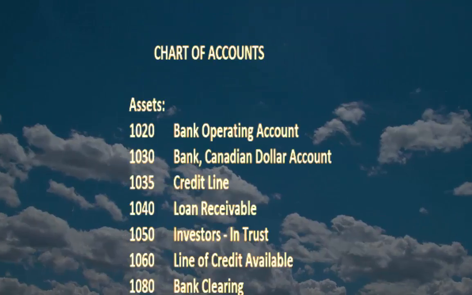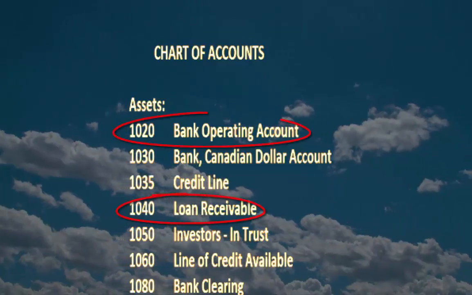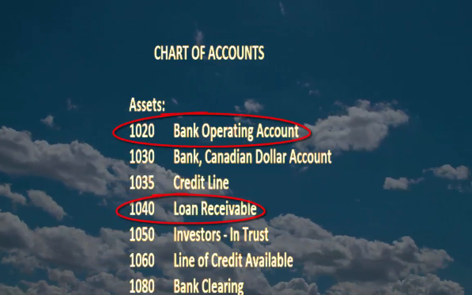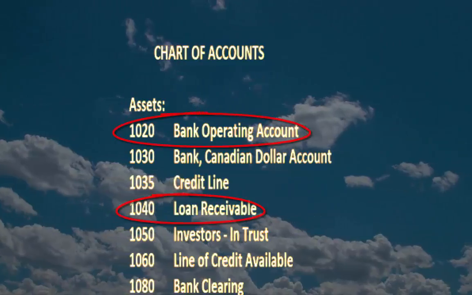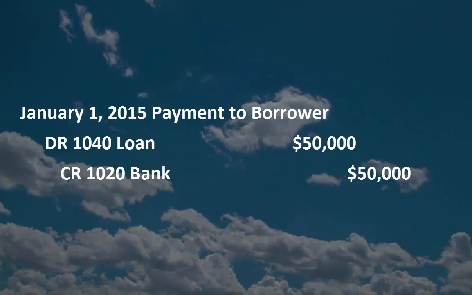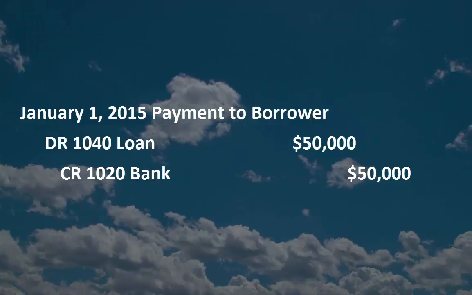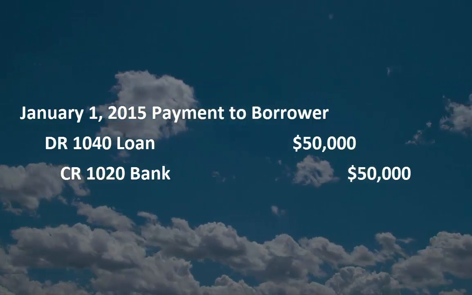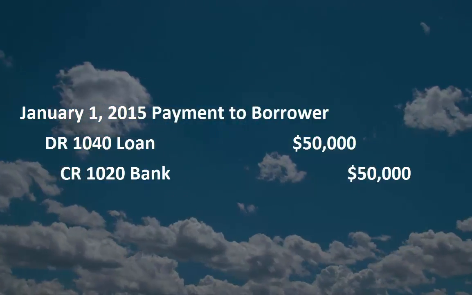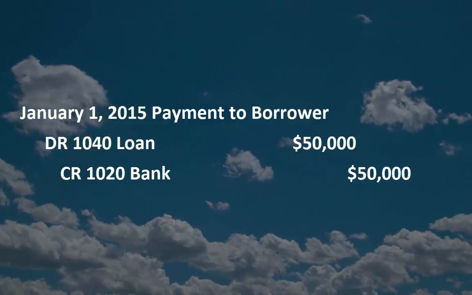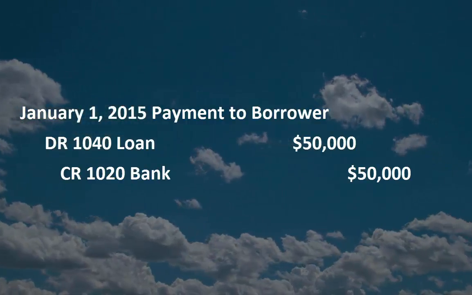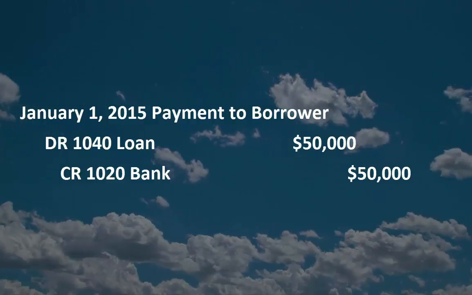In this case, we will debit loan and credit bank. For the $50,000 loan in our example, the entry will be January 1, 2015, payment to the borrower, debit 1040 loan, $50,000, credit 1020 bank, $50,000.